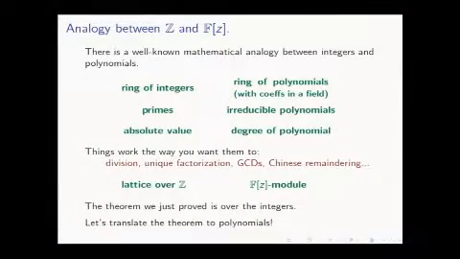So what are we doing here? Number theorists are very fond of a particular analogy between the integers and the polynomials. In this analogy, the ring of integers is analogous to the ring of polynomials with coefficients in a field. The analog of primes for the integers is an irreducible polynomial for the polynomials.